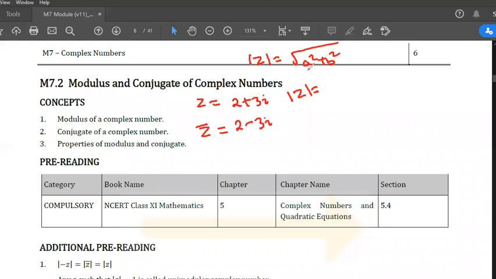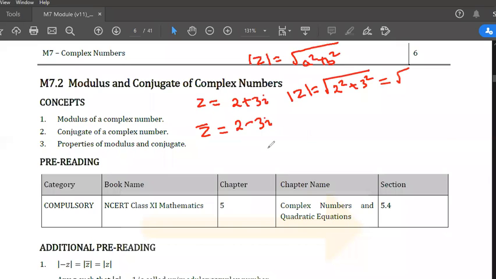So for this 2 plus 3i, what is mod of Z? It will be root of 2 square plus 3 square. Yes or no? Which is root 13.